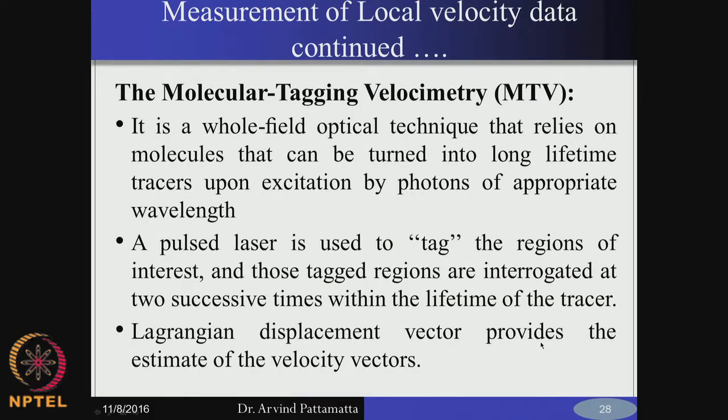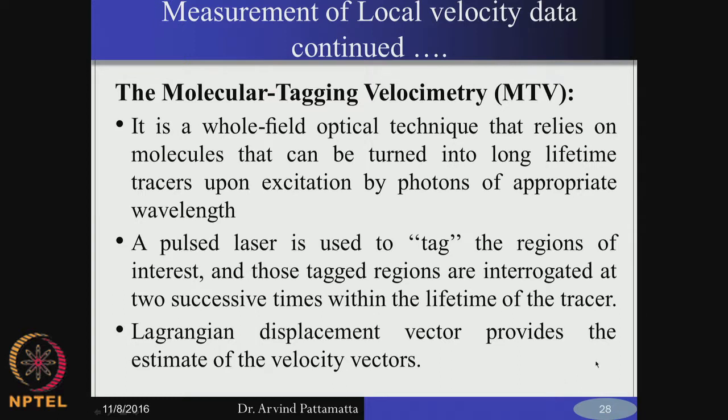The imaging laser sends a sheet beam of light through the tagged region, and the molecules there will change their color in response to the incident laser, and you use this as a signature to track the velocity vector of these particular molecules. So, it is similar except that you do not use a tracer here.